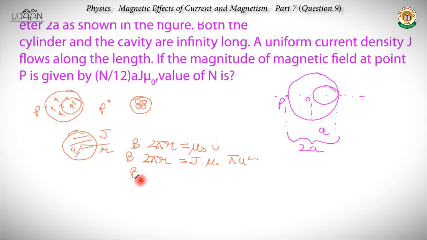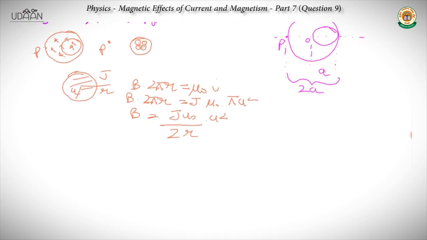So B equals J mu naught a square divided by 2r, which is mu naught a square J upon 2r. Here r is the distance from the center and a is the radius.